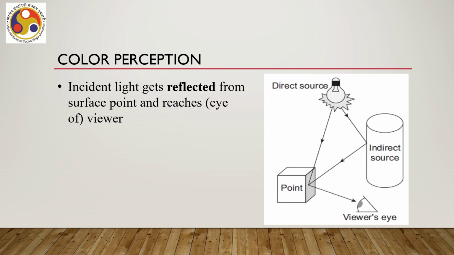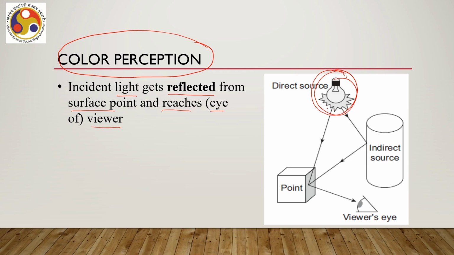Now, when we say that we are seeing a color, that is, when we talk of color perception, what happens? Let us try to understand that in terms of rays and the interaction of light rays with the surface. So, there is some incident light. When we say that we are seeing a color, in that case what happens is that the light gets reflected from the surface point and reaches the eye of the viewer. So, as you can see, this is the source of light.